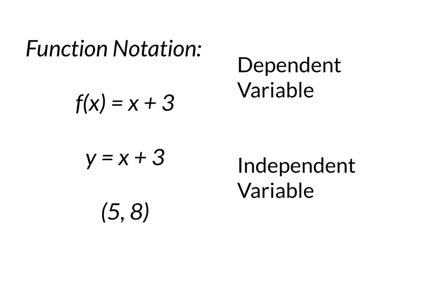So counter to that, you have a dependent variable, which is often called the output of the function, and that is this f of x. If it is in standard notation here like this, you're going to have that y variable as your output. So when you look at this 5 and 8 coordinate here, the 5 represents the input of that, the 8 represents the output. So the 5 represents the independent variable and the 8 represents the dependent variable.